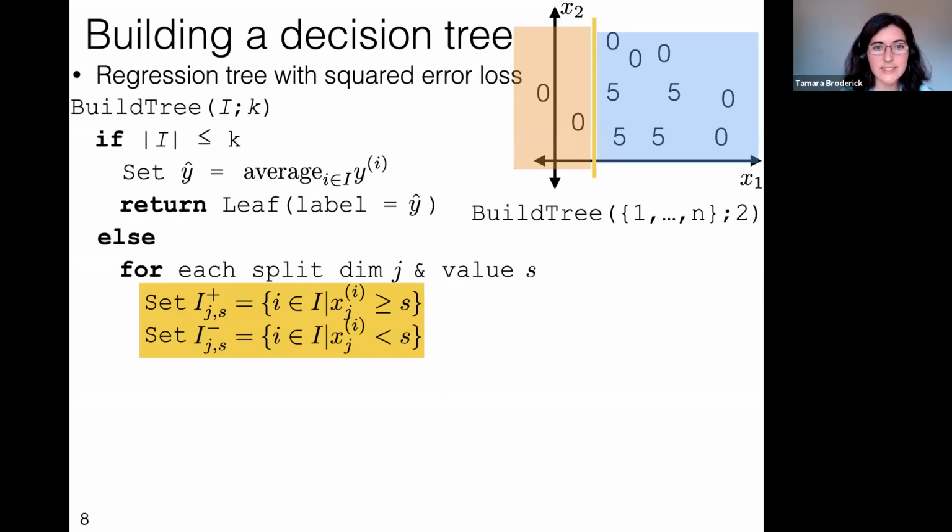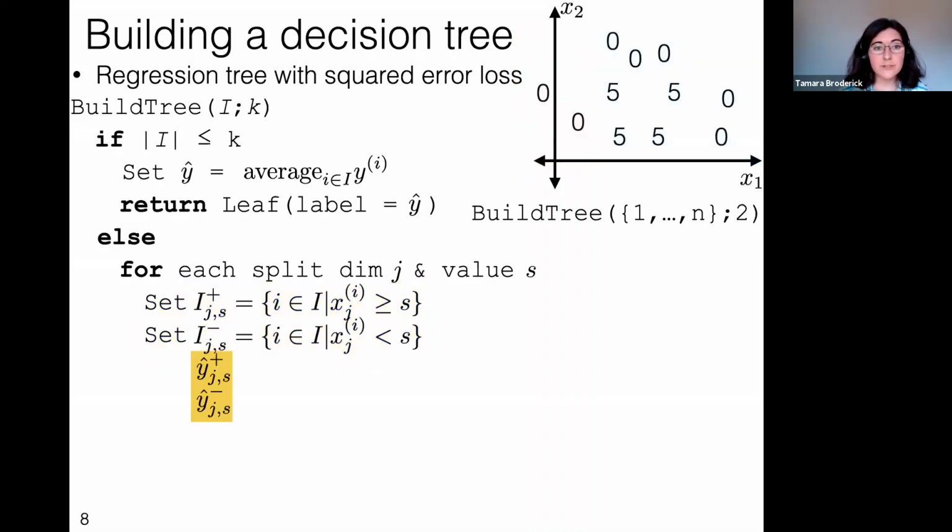They're just saying what the data indices are on one side or the other. Now, instead of having one constant value that we predict for this entire space, we break it into a prediction on one side, which we'll call y plus, and a prediction on the other side, which we'll call y minus. On the I minus data, we'll predict y minus. On the I plus data, we'll predict y plus.